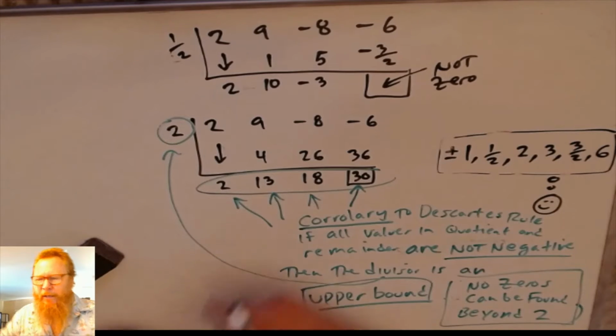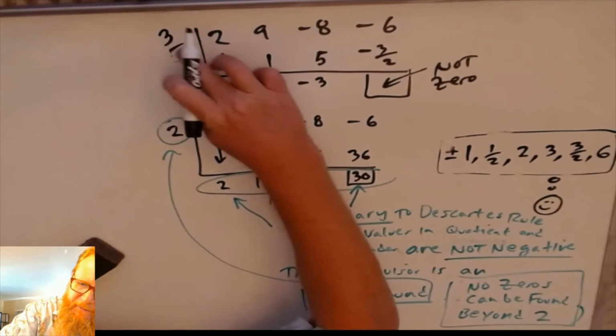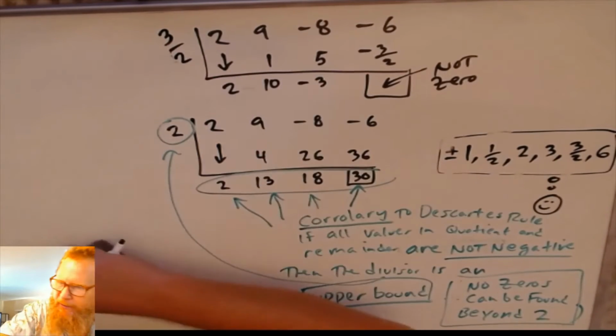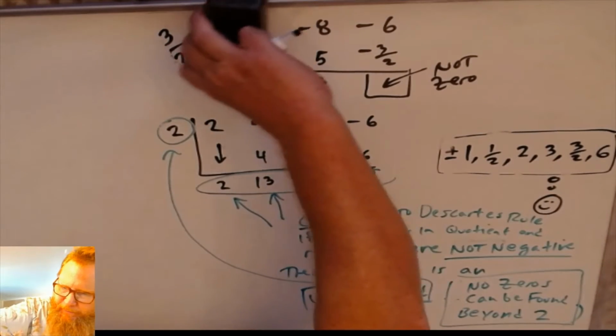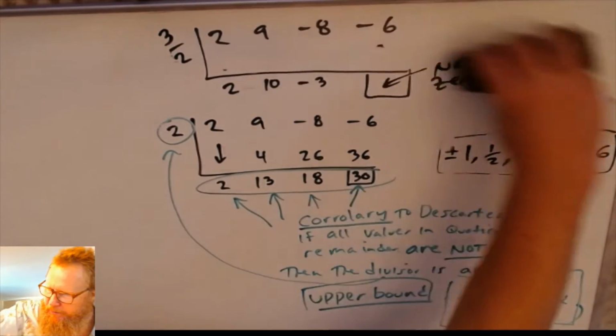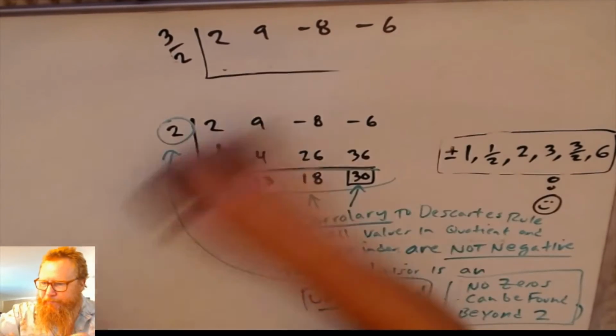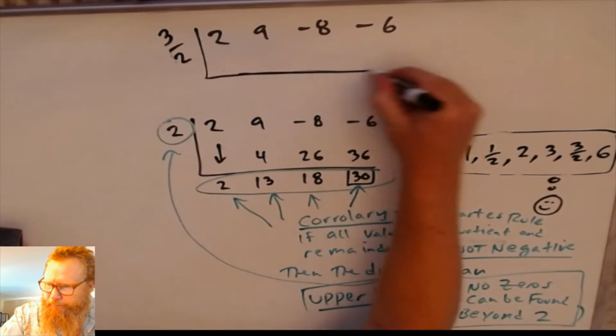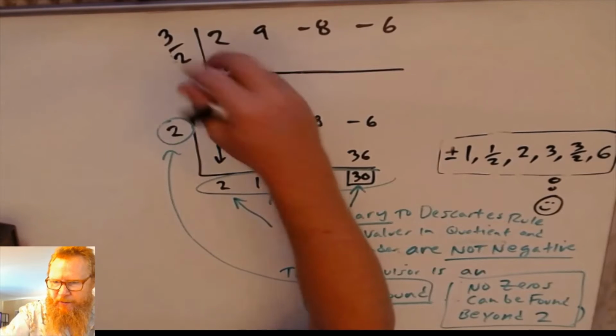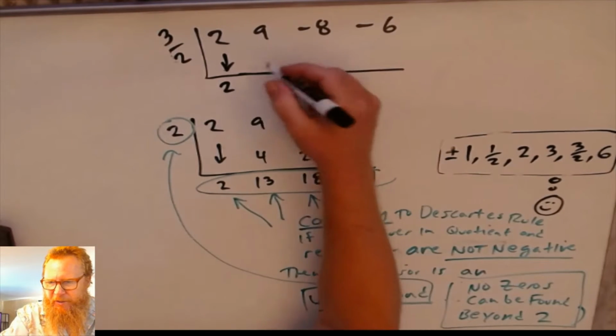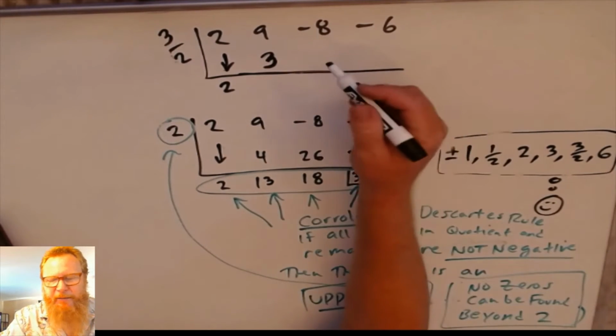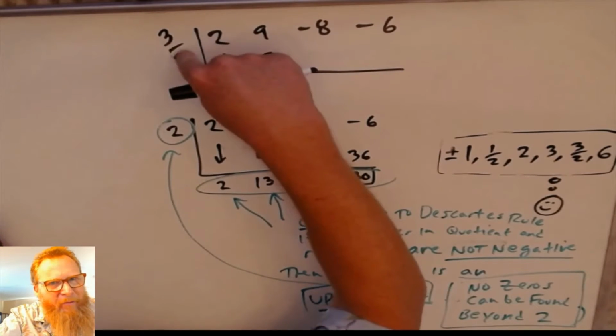All right. Let's try 3 halves. I'm going to try to double dip here and reuse this one. So I got 3 halves times 2, that's 3. Remember, 3 halves is just 1.5.